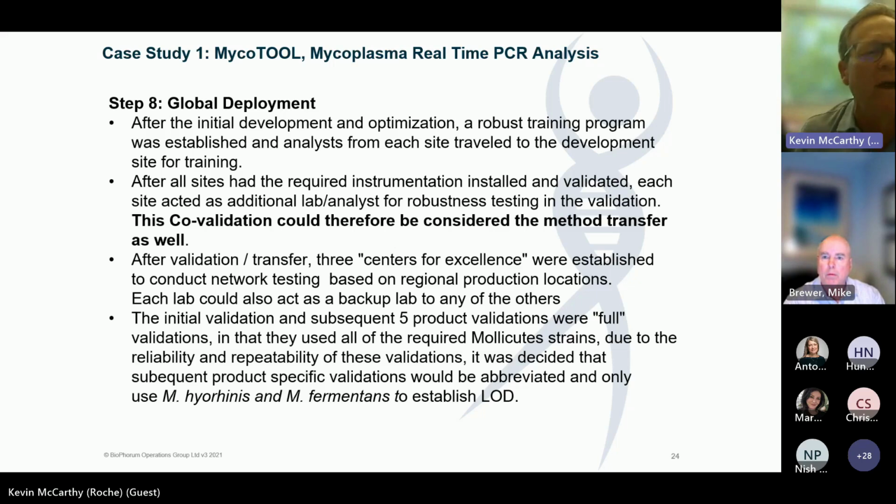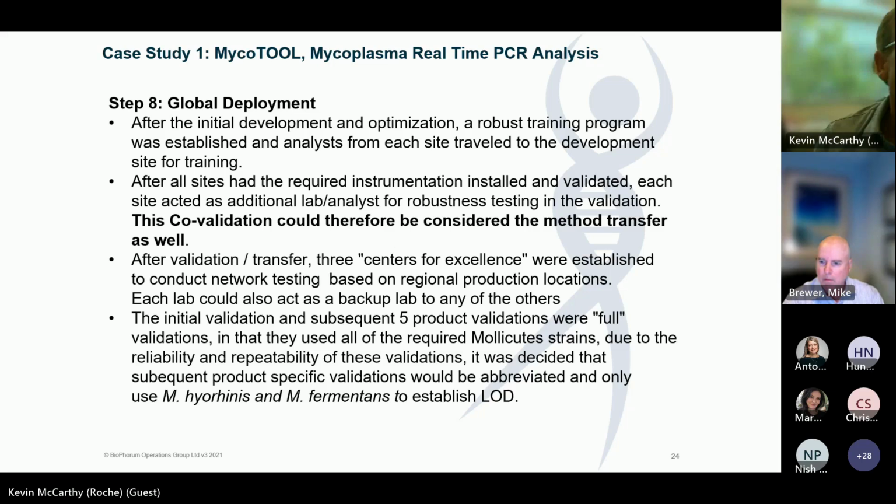This is an important section that saves a lot of time and money. What this did is it made it a co-validation where the analysts at different sites can participate in the validation, and therefore it would also be considered a method transfer.